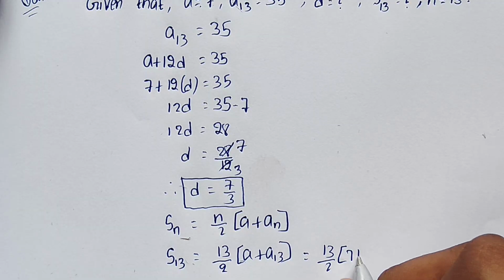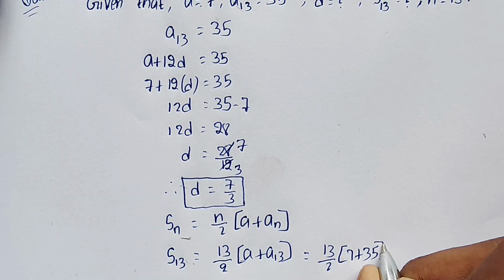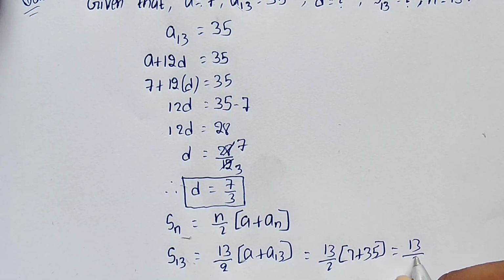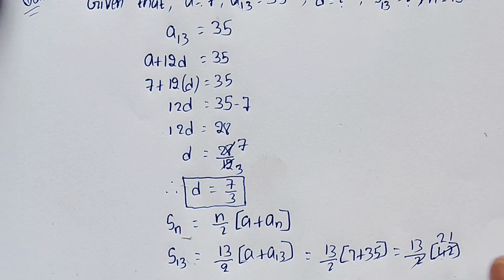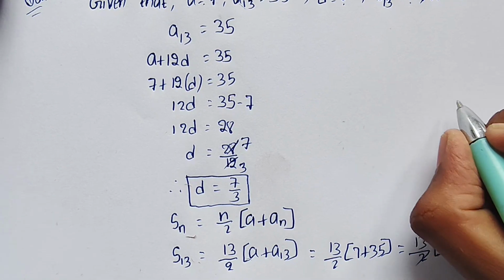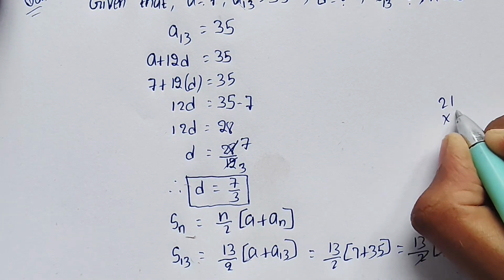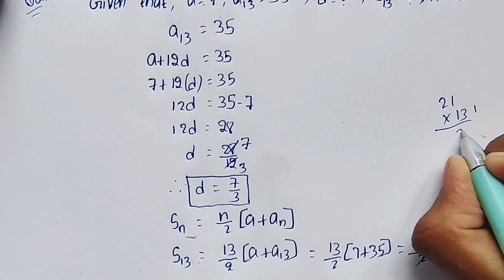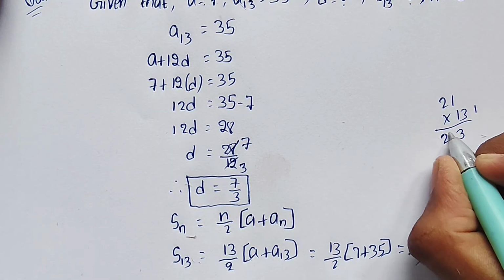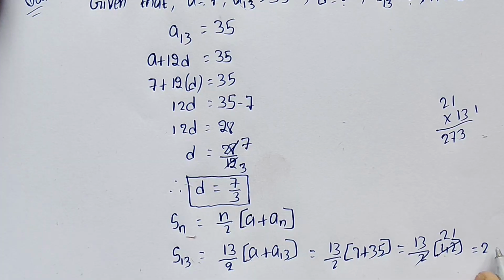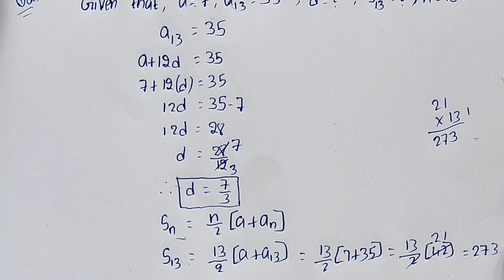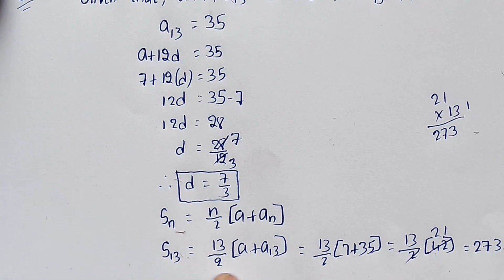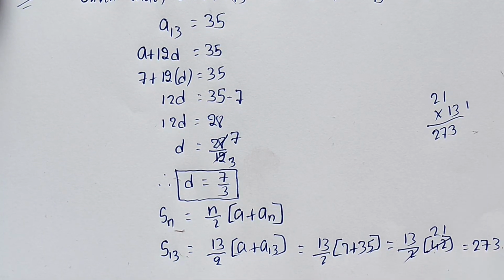So 7 plus 35, 42. 2 ones are 2, 2 twos are 4, 21. So here I am multiplying 21 by 13. 21 into 13. 13 ones are 13, 13 twos are 26 plus 1, 27, equals 273. So I got the value of S base 13, the sum of 13 terms, 273.